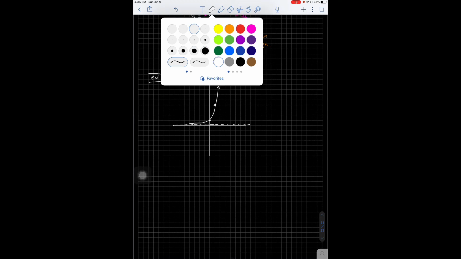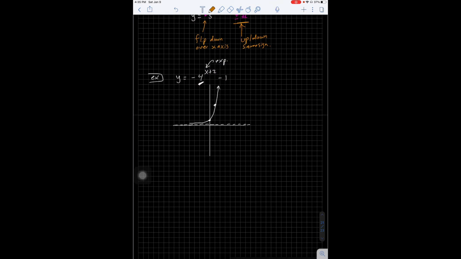Okay. Now, rules about flips and shifts still apply. We do flips before shifts. All right, so I'm looking for minus signs here and here. Since there's not one up with the x, the only one I have to deal with is the minus sign that's out in front of the exponential, and that's going to flip it down over the x-axis.